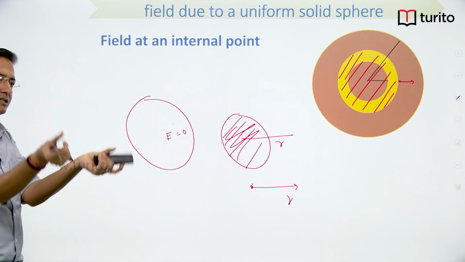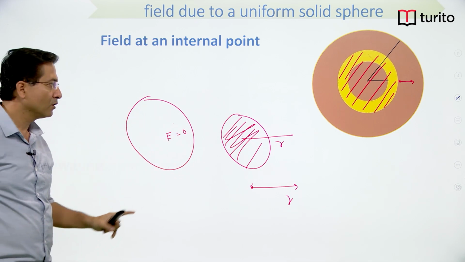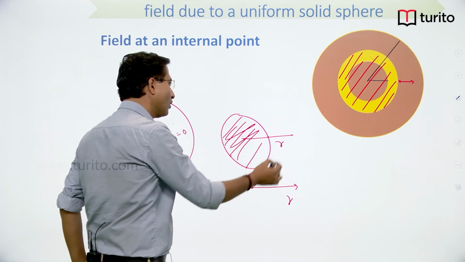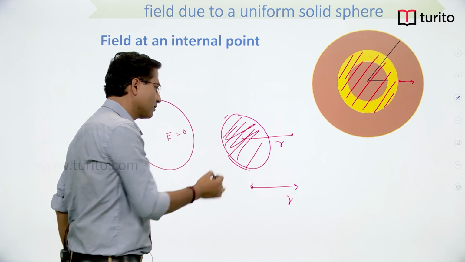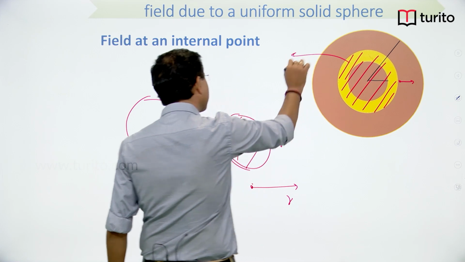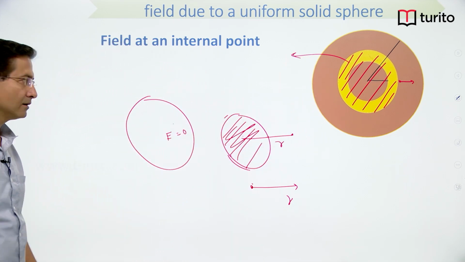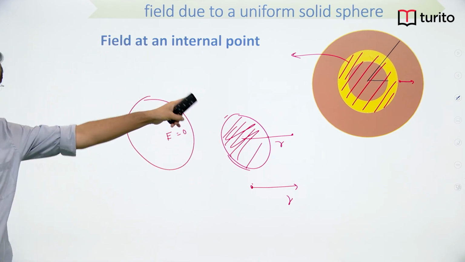So outer charges won't have field inside. The field at this particular point, or any point outside, is due to the charge enclosed. So if I can calculate this charge, I can find out the field. Now I hope this point is clear.